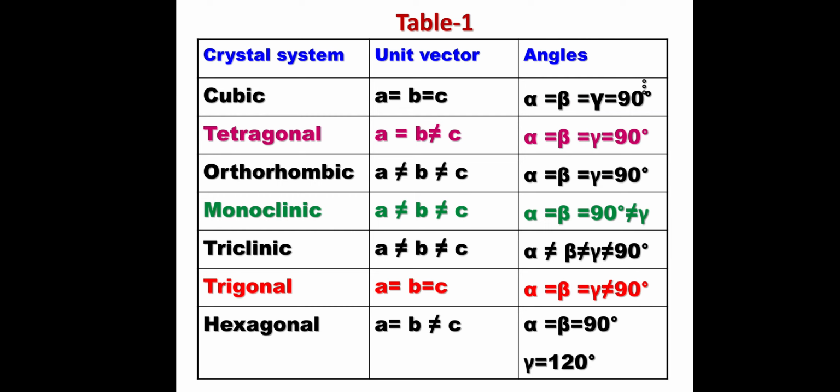So 3 columns are there: crystal system, unit vector and angles. The 7 popular crystal systems are cubic, tetragonal, orthorhombic, monoclinic, triclinic, trigonal, hexagonal. These are the 7 systems. But in each system, how are the primitive vectors related? The primitive vectors are the edges of the cube, that is the unit cell.